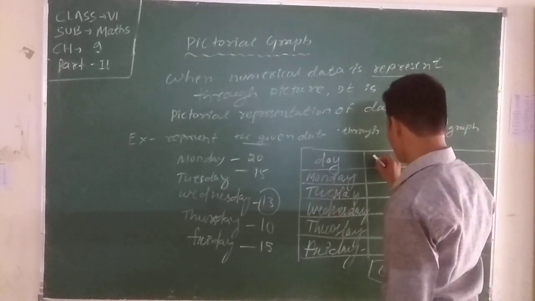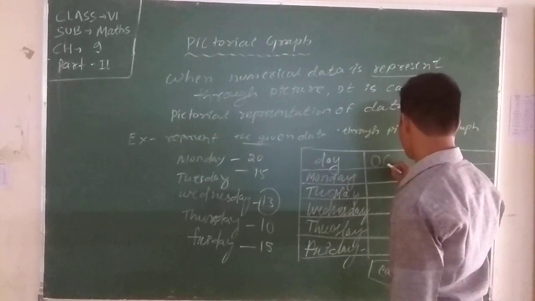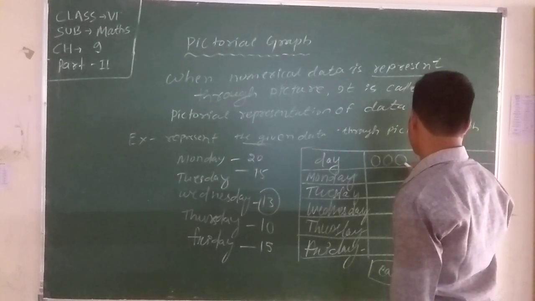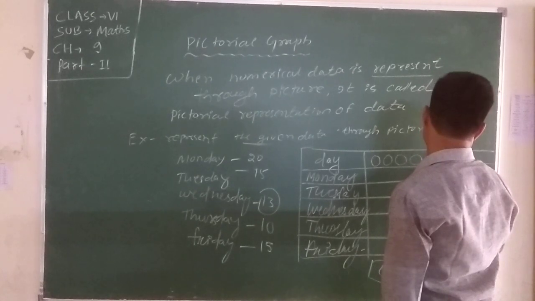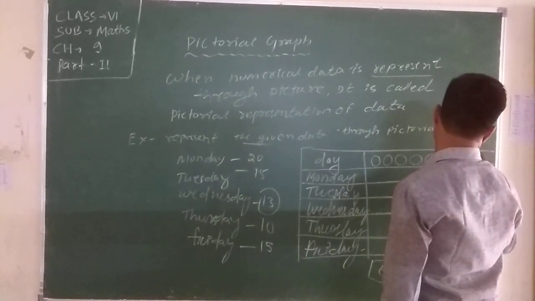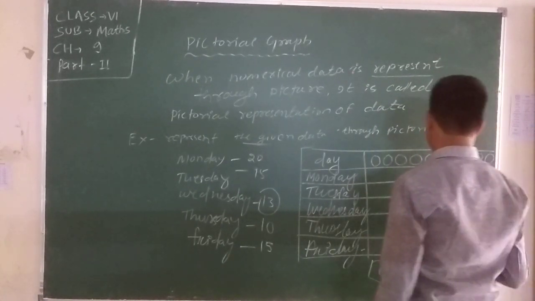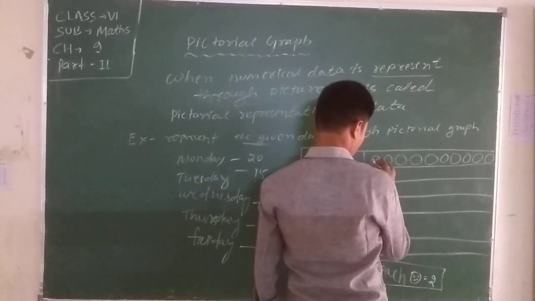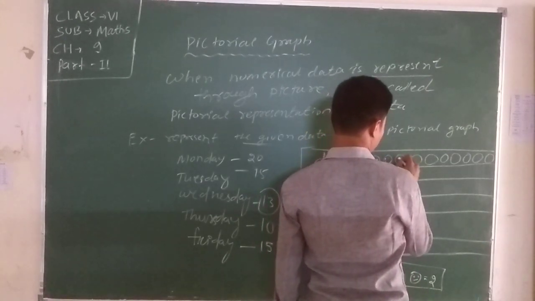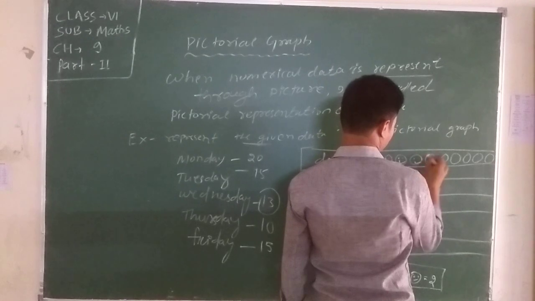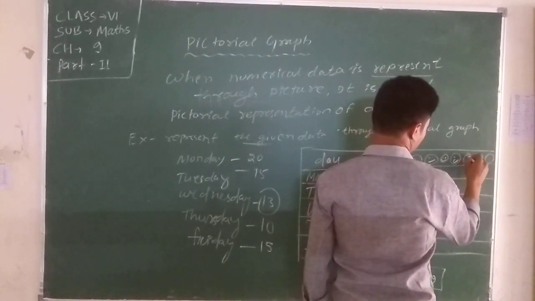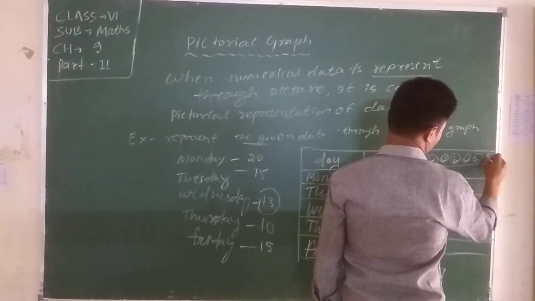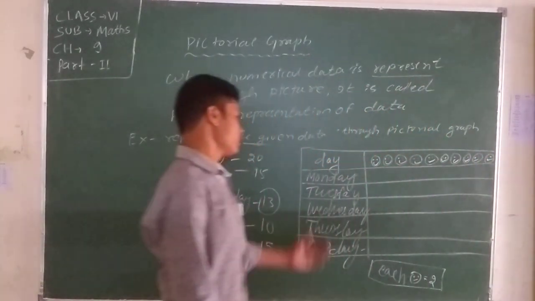Then you draw for 20: 1, 2, 3, 4, 5, 6, 7, 8, 9, 10. Okay. Then 10 into 2 equal to 20.